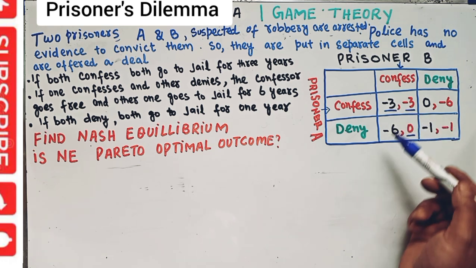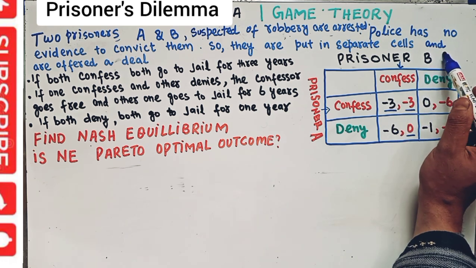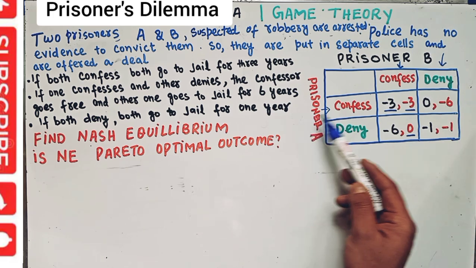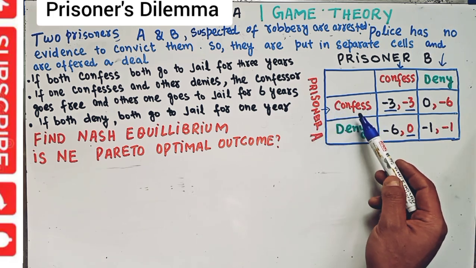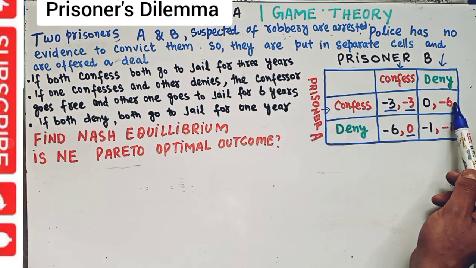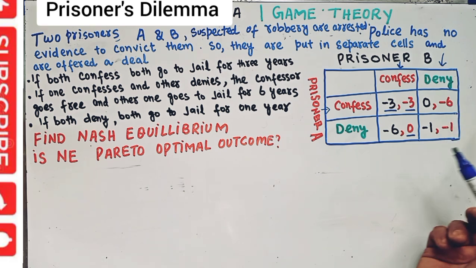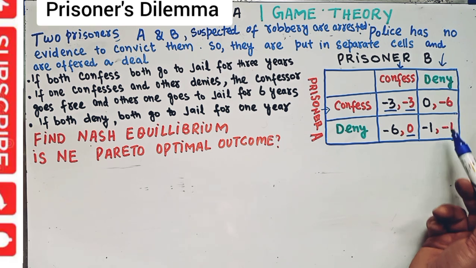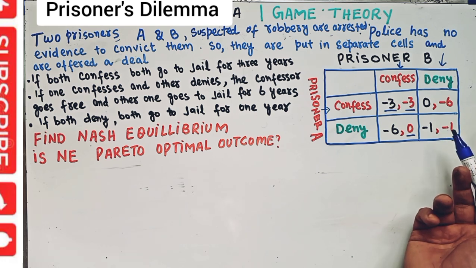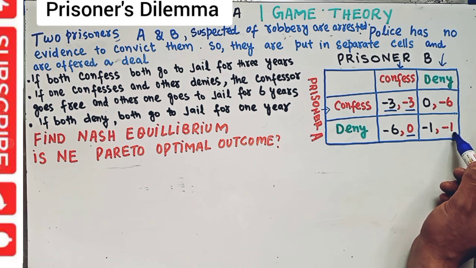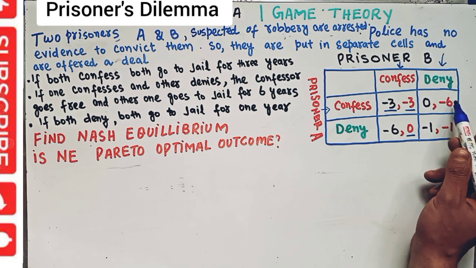Similarly, if prisoner B chooses to deny, again prisoner A has two options. Confessing gives him 6 years in jail, and denying gives him 1 year in jail. Obviously, he will choose to minimize the jail term, so he will choose -1 because -1 is greater than -6.